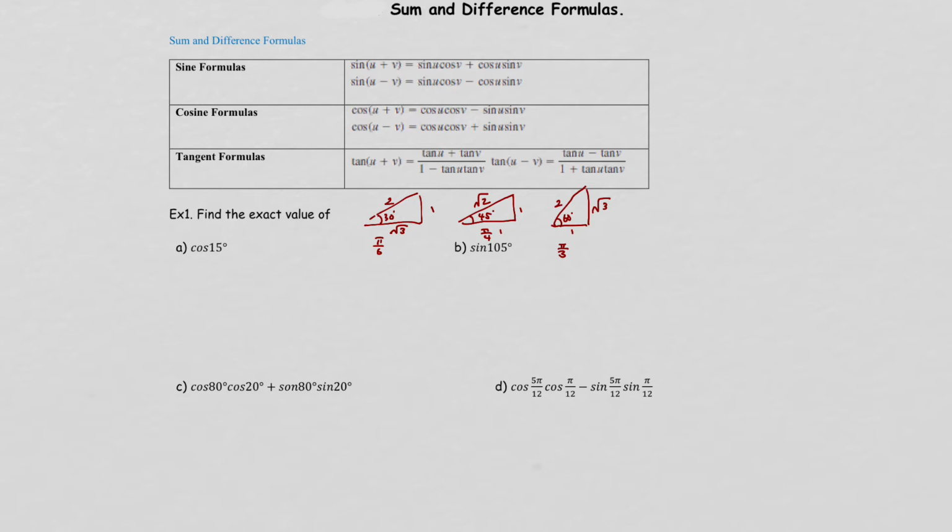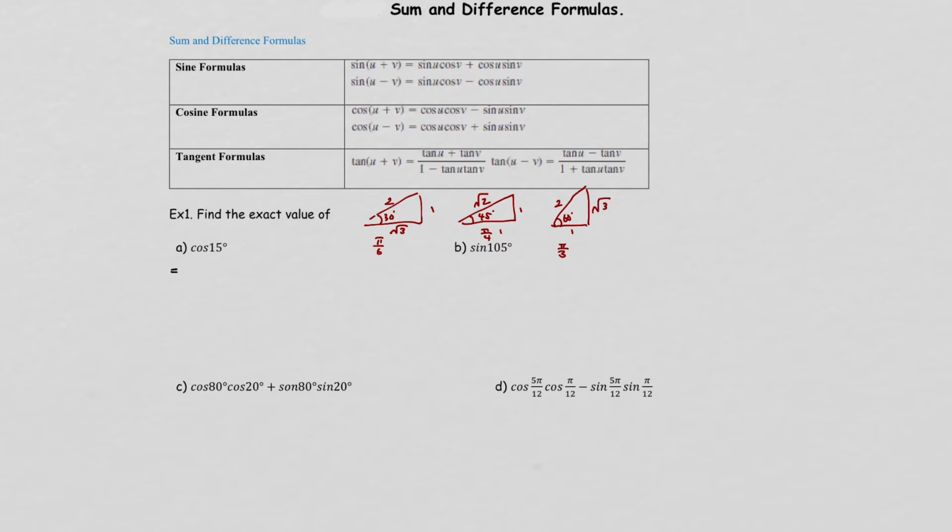Then we also have 90 degree, 180 degree, and 270 degree measurements. Using those angles, how do I get 15 degrees?